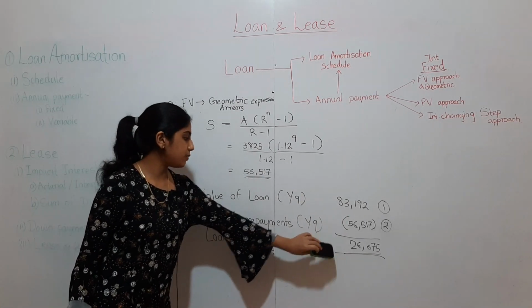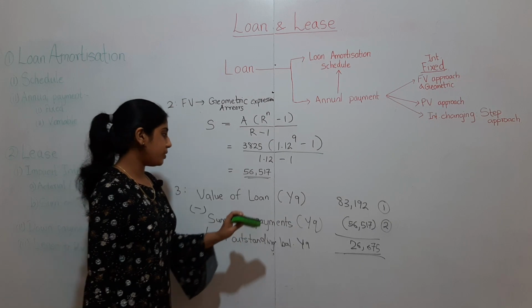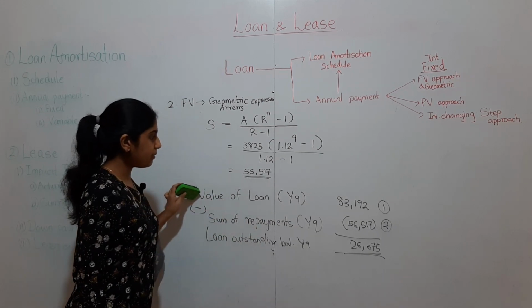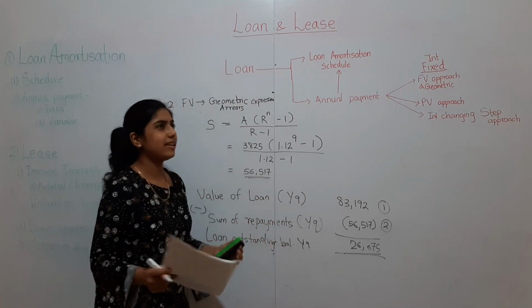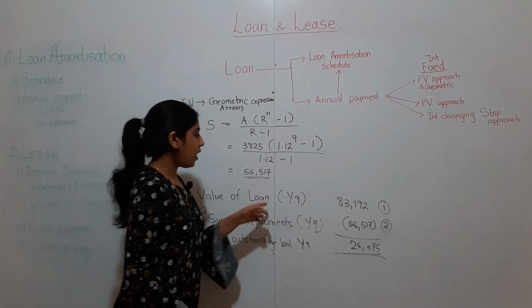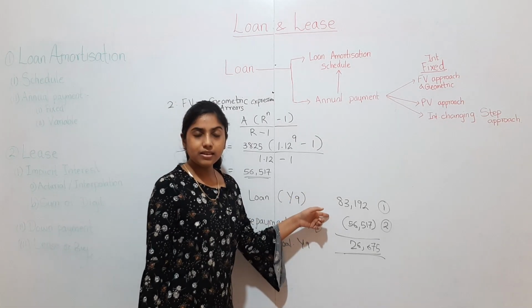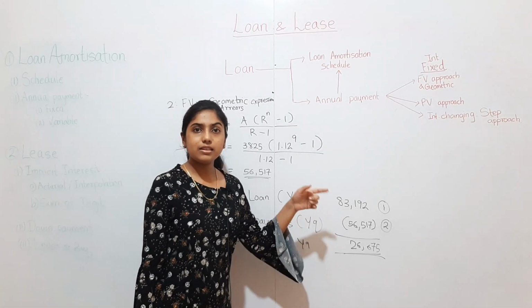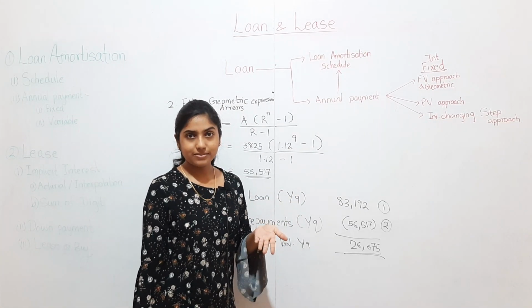This is the answer for your third step, where you take the difference between the beginning value, that means the value of the loan, and the amounts that we paid up to year 9.